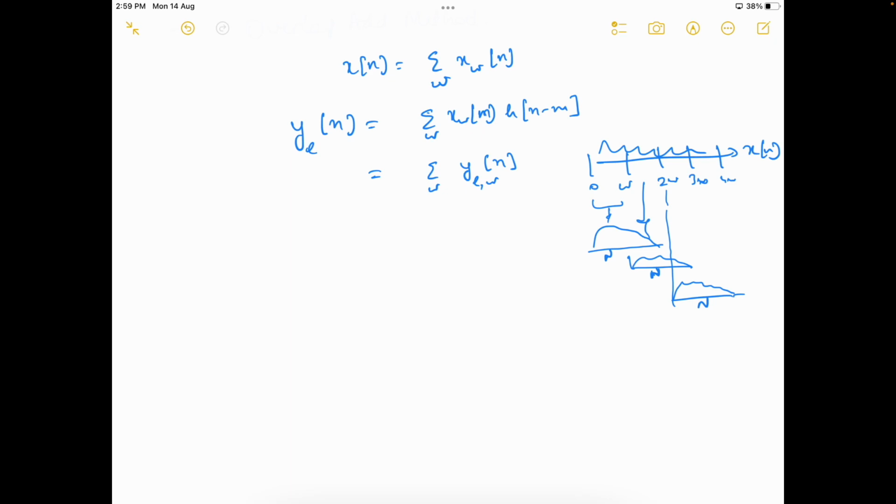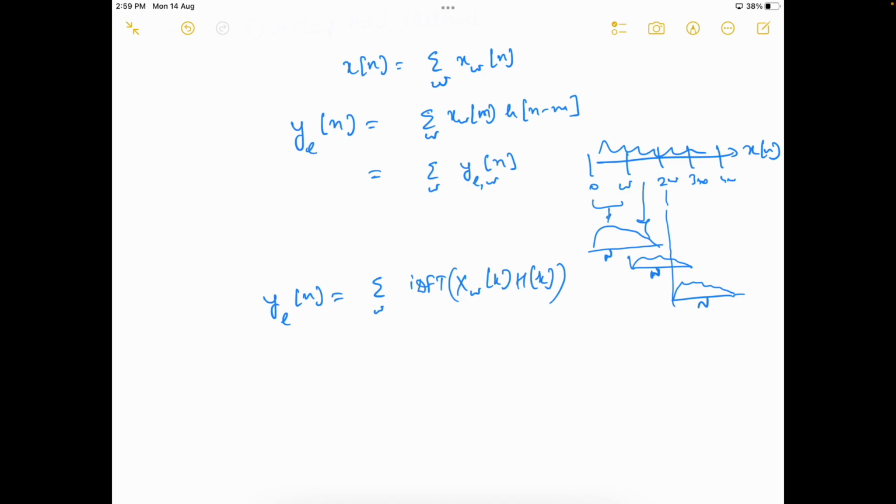So generally, if I want linear convolution, I will take x_W[k] and H[k], multiply the two, take the inverse DFT. This will be my y of n, and sum over all windows. That is how I will be doing it algorithmically.